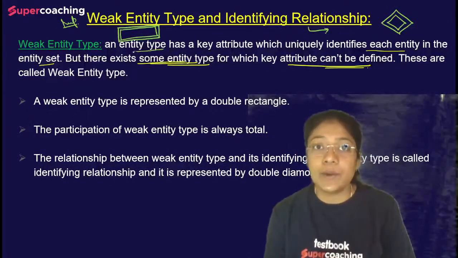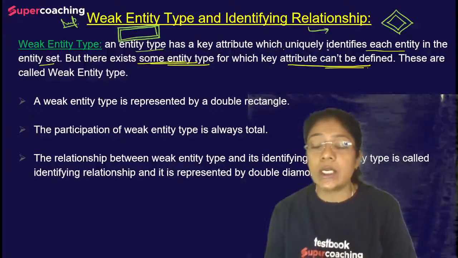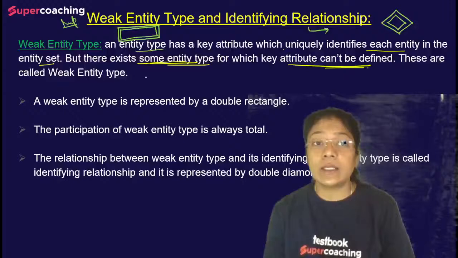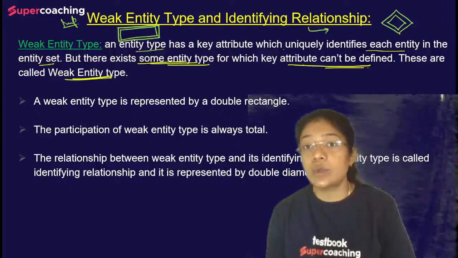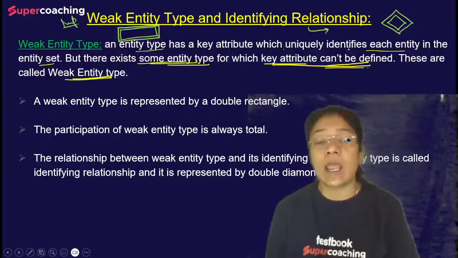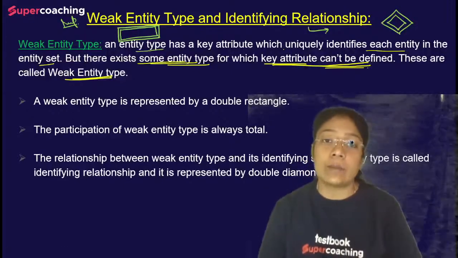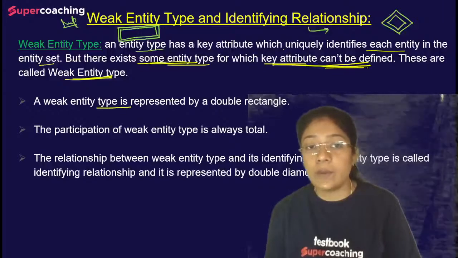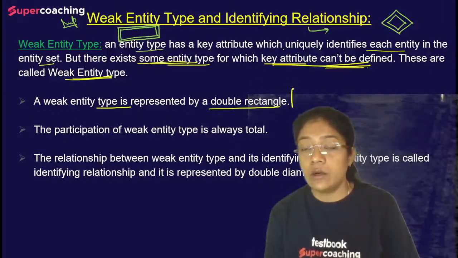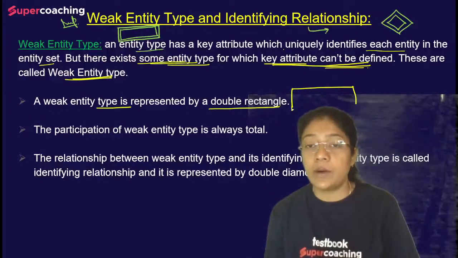That entity type is known as the weak entity type. Each weak entity type is represented by a double rectangle. I have constructed it here, represented by the double rectangle.